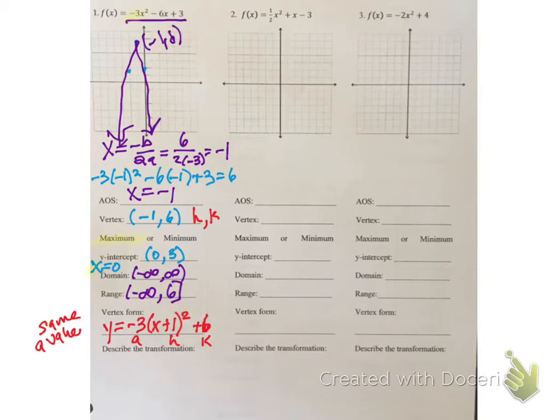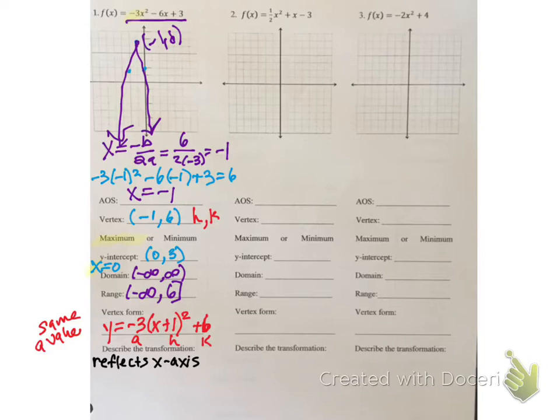Then it says describe the transformation. The things you have to decide when you're describing the transformation is, does it reflect over the x-axis? Yes, it does, because my a value is negative. So it reflects over the x-axis. Then I look at my a value. Is it stretched or compressed?